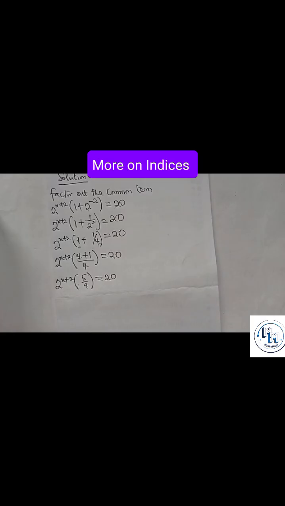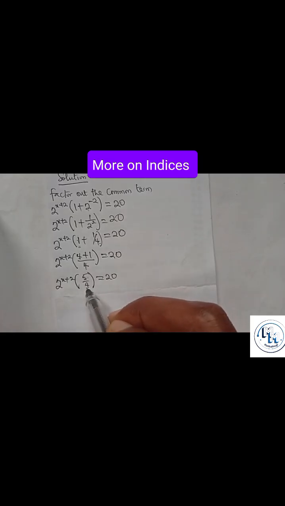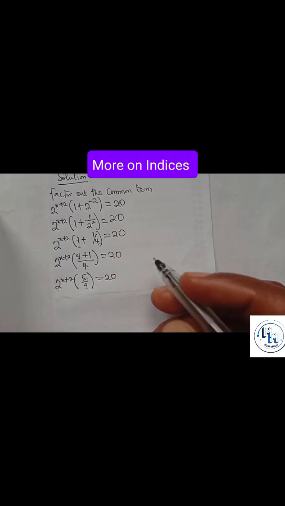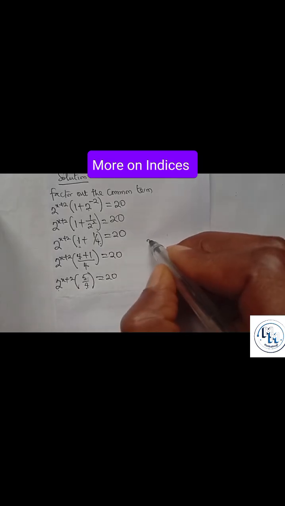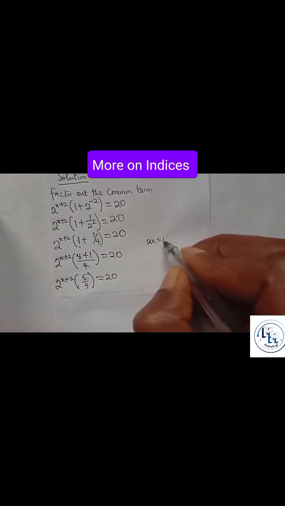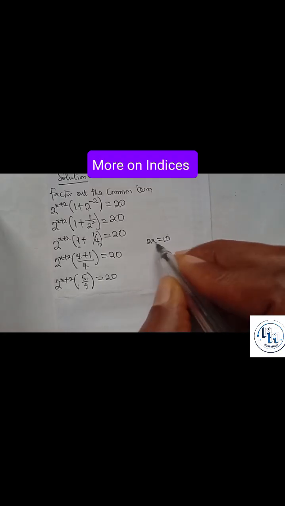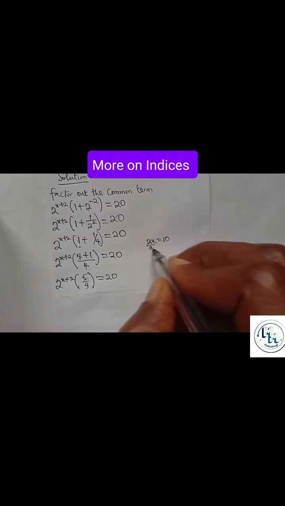Now, this 5 over 4 can be assumed to be the coefficient of this 2 power x plus 2. Recall that, let's say I have 2x equal to 10 and I want to find the value of x. I divide both sides by 2.